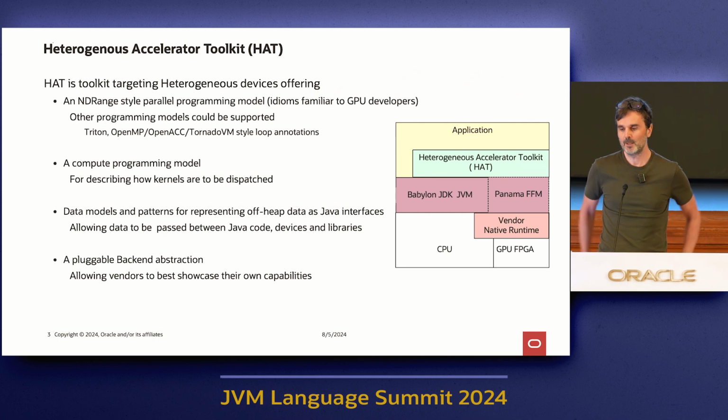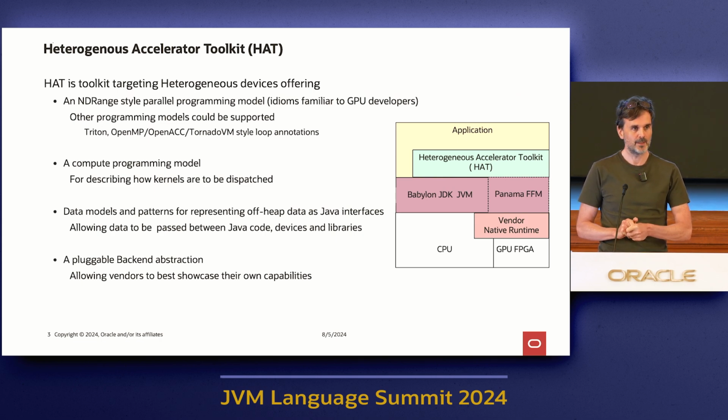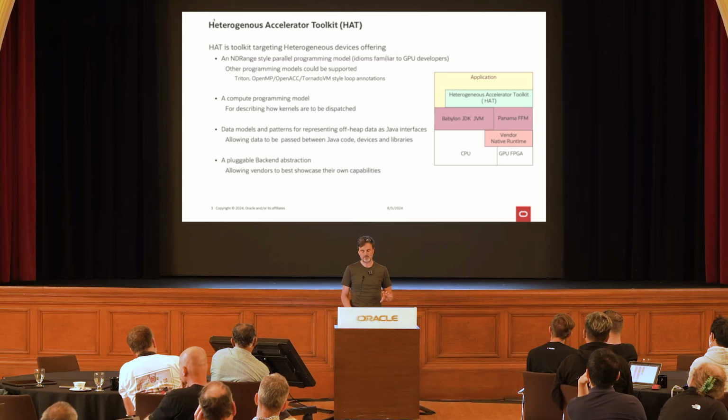So any GPU developers who are in OpenCL or CUDA would be very familiar with this model, or even TornadoVM as well. But it's also familiar enough, if you understand it, for Java developers as well. You have to shift your thinking a little bit, but maybe some Java developers have already done that. We'll get onto that and why it should be familiar.